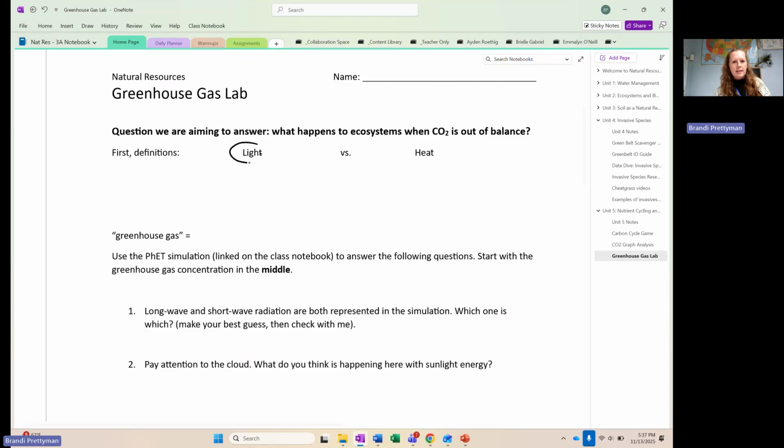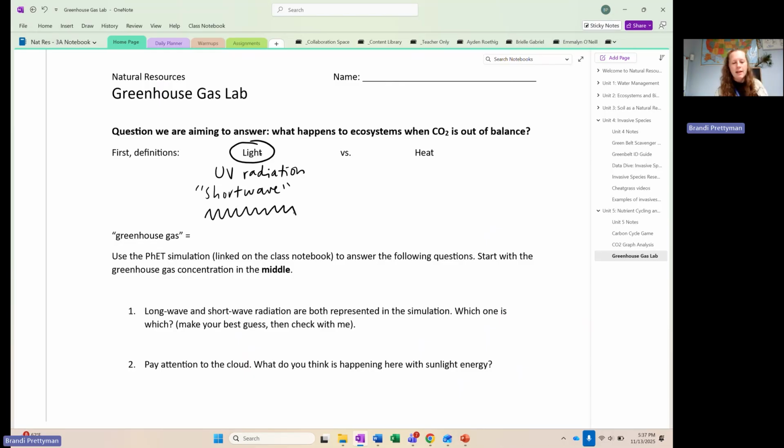When I say light in this lab, what I really mean is UV radiation. So this is the incoming UV energy from the sun, and we call this shortwave radiation. And we're going to draw a representation of that.